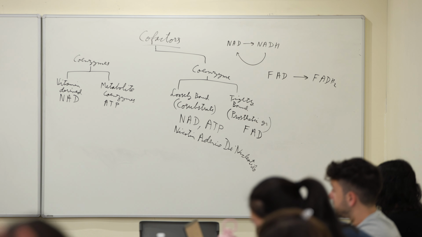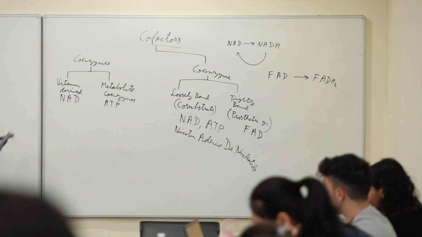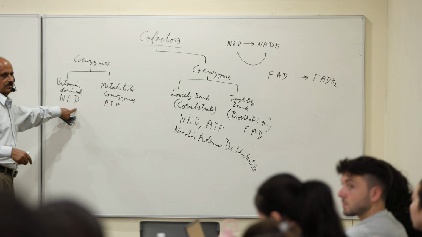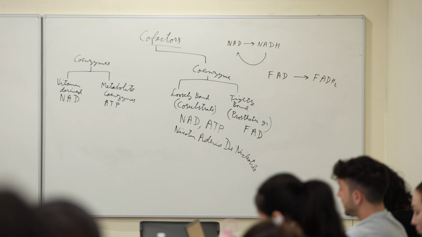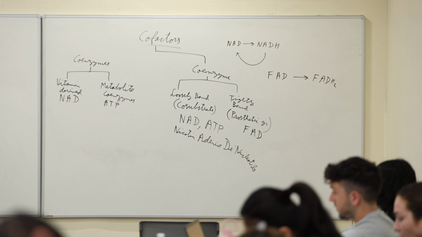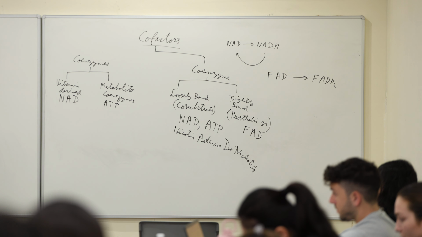They have so much of charge on them. So they cannot be vitamins that you can get in your food. So NAD is derived from niacin, for example. That is a vitamin that is then converted to NAD. So there are reactions that we do to alter the vitamin to make the final coenzyme.